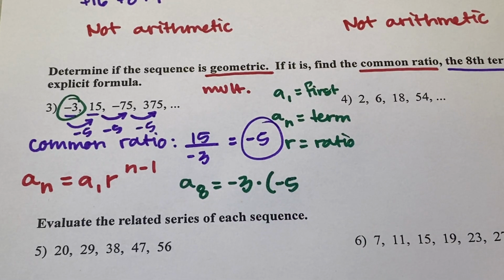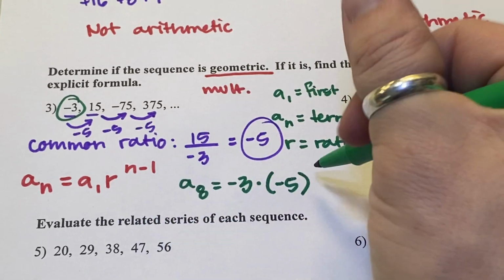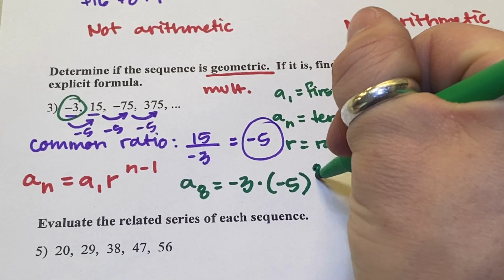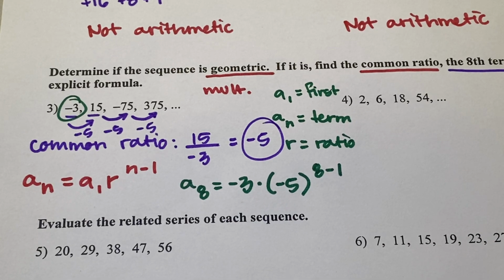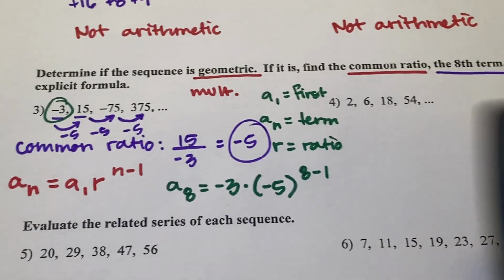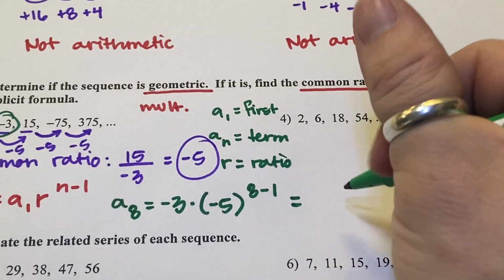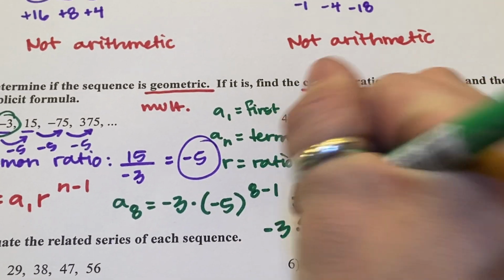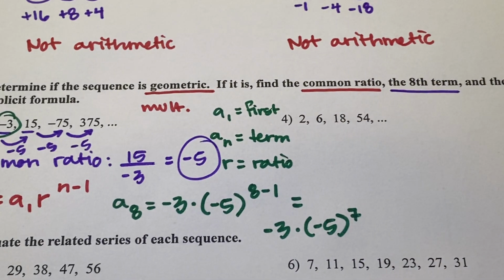But that negative 5 is being taken to the power of n, which is the term we're looking for, 8 minus 1. It's just a formula that you're plugging pieces of that sequence into. Now I can calculate it out. This turns into negative 3 times negative 5 to the power of 7.